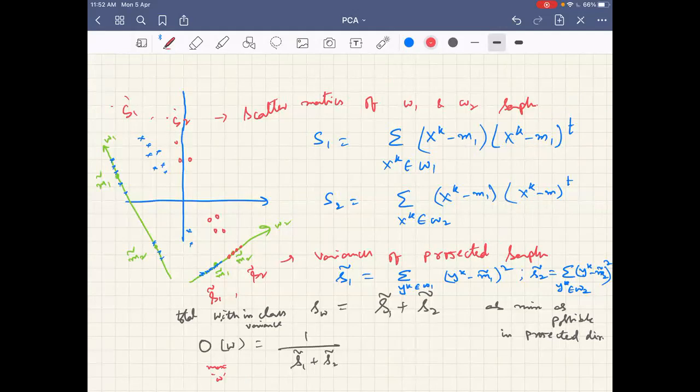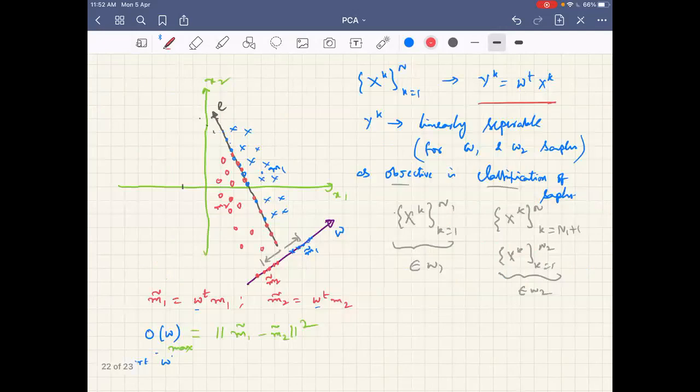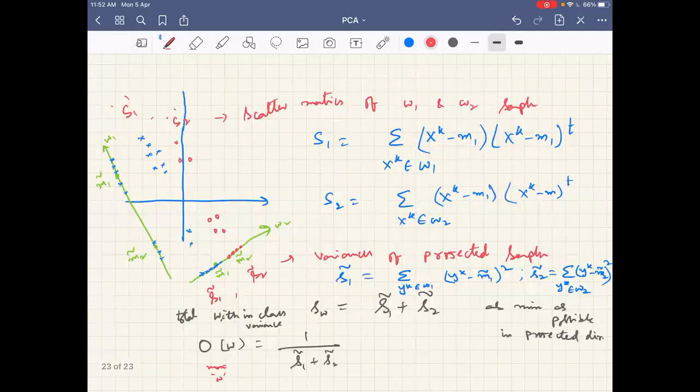Fine, good. So now, given these two, the first condition means are well separated, and the second one is the variances are very small. We formulate the overall cost function. In the next class, we will see how exactly this cost function can be minimized.